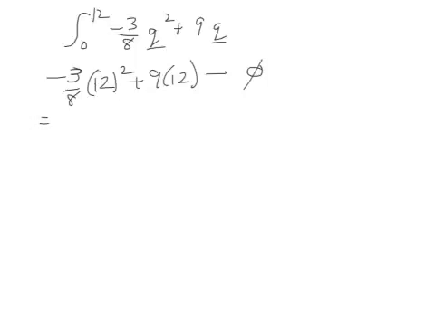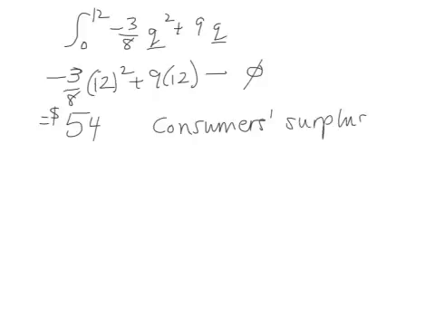And when we evaluate, we find that this equals 54. So this is our consumer surplus. And what this means is that the consumer is paying $54 less than they had intended to pay, so that is their surplus. And now let's look at the producer surplus.